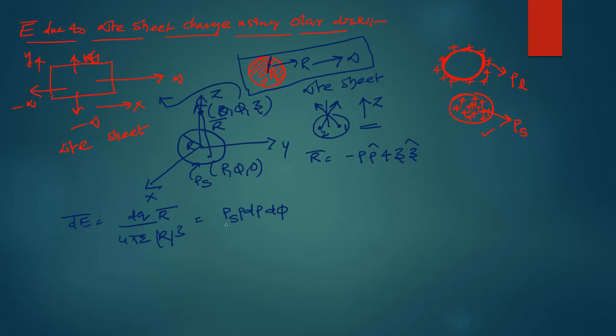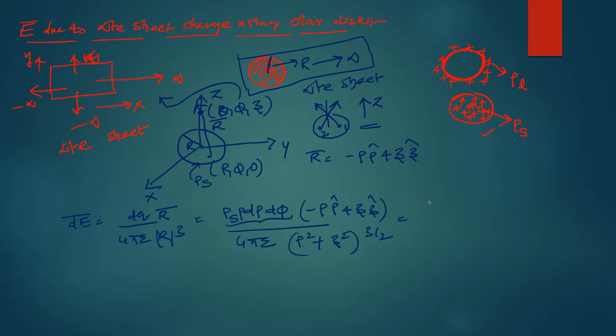So r bar is minus rho cap plus z cap, by rho square plus z square whole power 3 by 2.